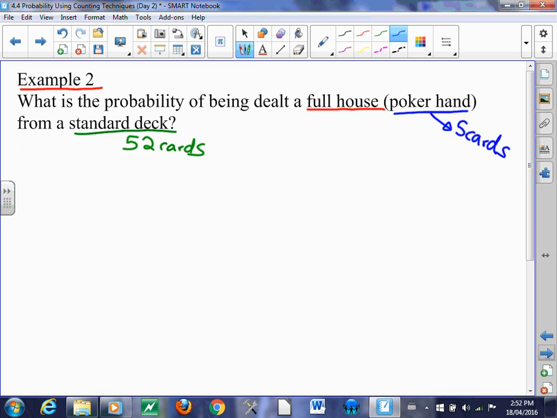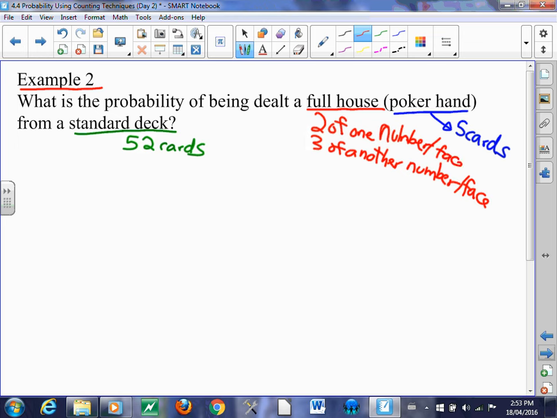And a full house, let's take a look at what a full house is. So it's 2 of one number or face card, doesn't matter, and 3 of another number or face. I'll put down face because you can have like 3 jacks.